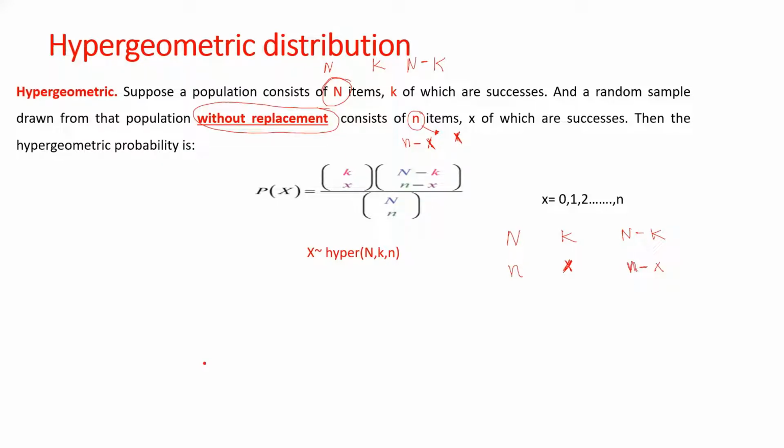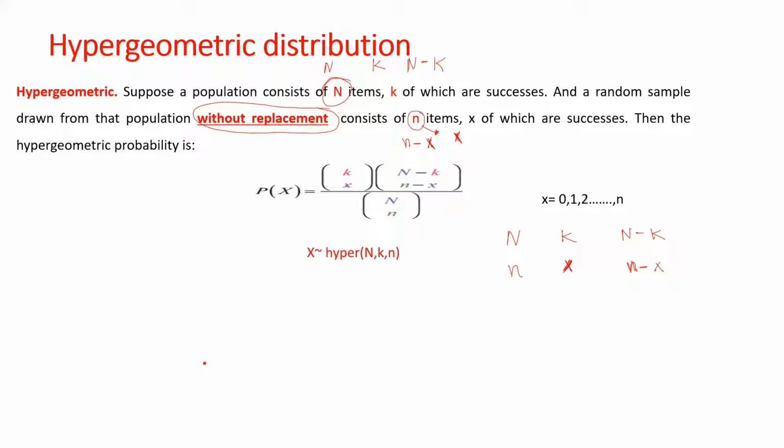So success definitely comes from success, and not success also comes from not success. So in this case, if we draw without replacement, then this follows a hypergeometric distribution.